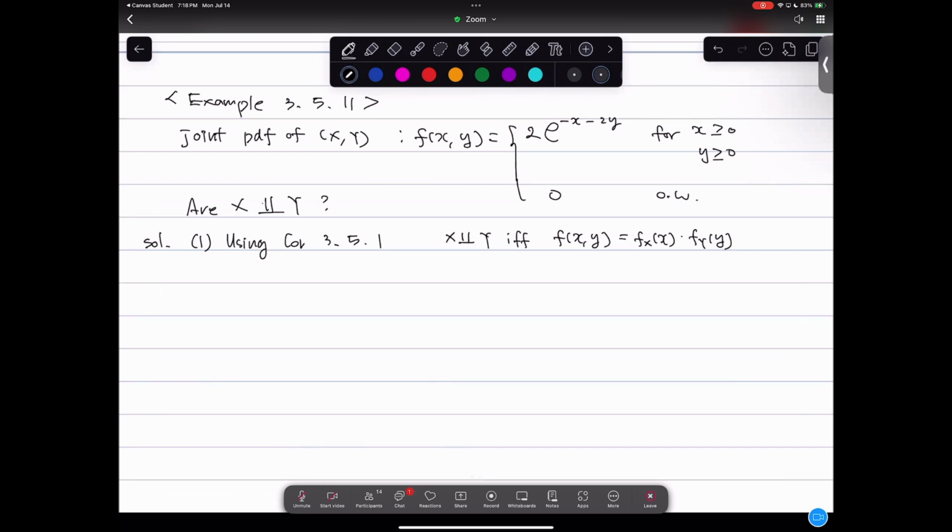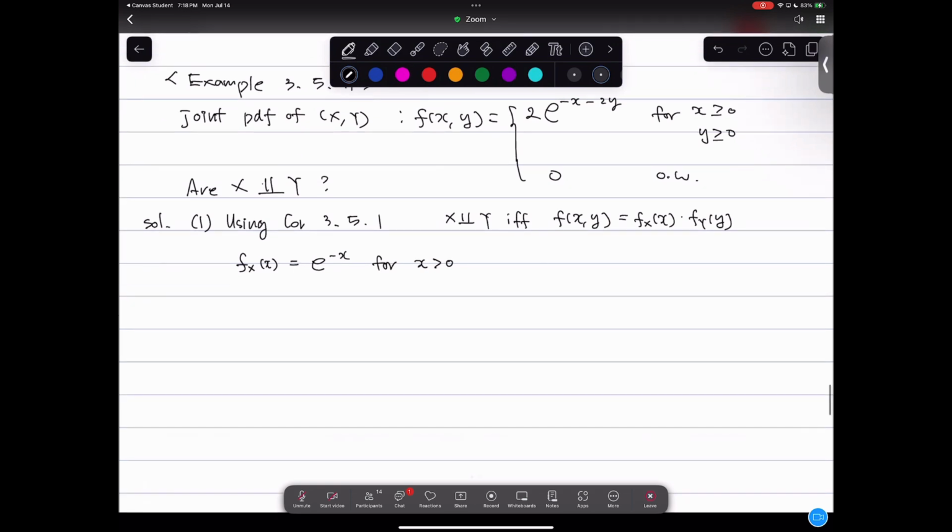Again, lots of details, but I'll let you skip all the details. I have to get my marginal f of x, which you do by integration from 0 to infinity of this joint. Let me skip the whole work, but you will get e to the power of negative x for x greater than 0. You can also get the marginal PDF for y, which is 2 times e to the power of negative 2y, I'm missing the 2, for y greater than 0.